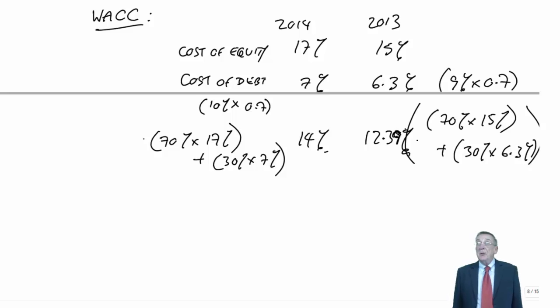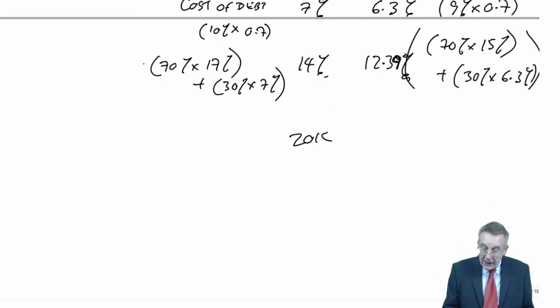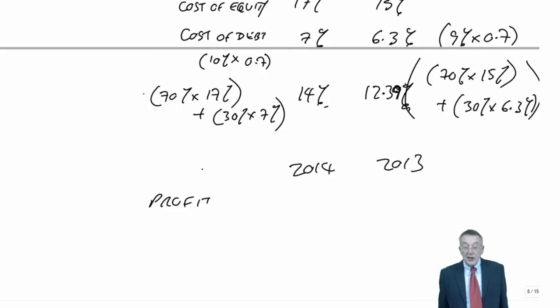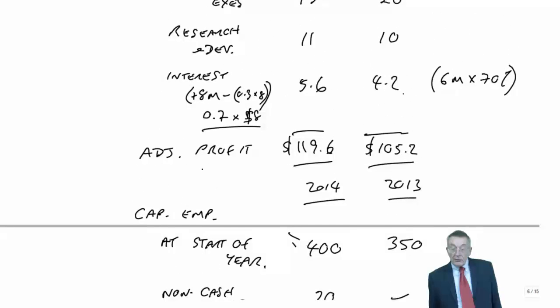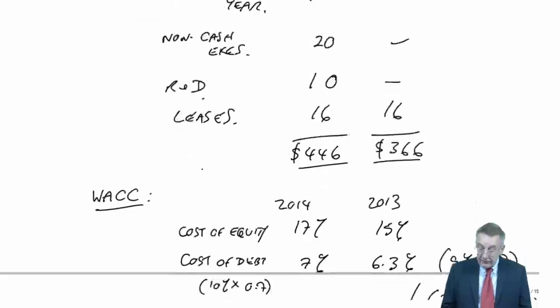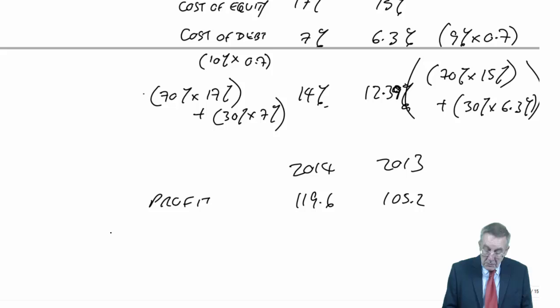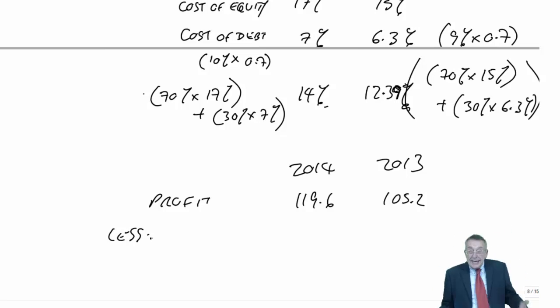Now we can actually do the EVA. We've got it. Just as we did with residual income, we take our profit, albeit after all this adjusting. So the profits were 119.6 and 105.2. We subtract an interest charge effectively.